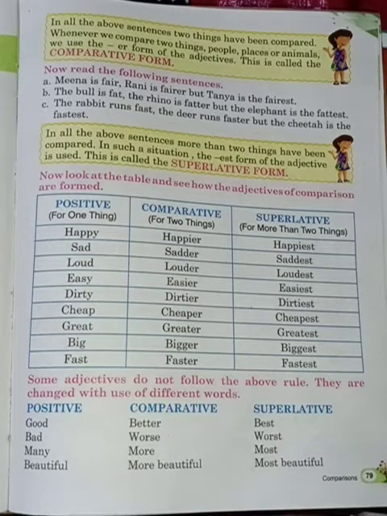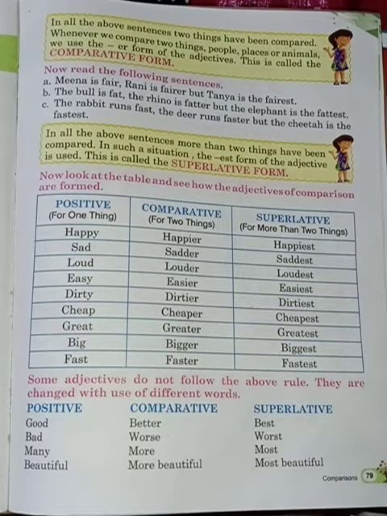Students, now we will see positive, comparative and superlative. First of all, I will introduce you to these three words. How to use this. So first we will see positive.